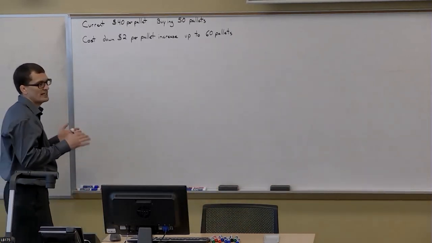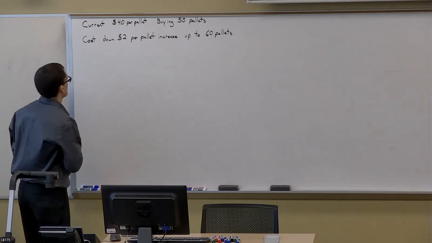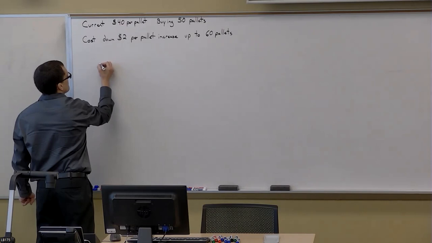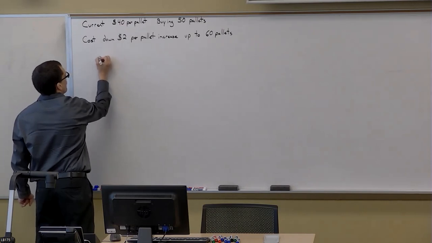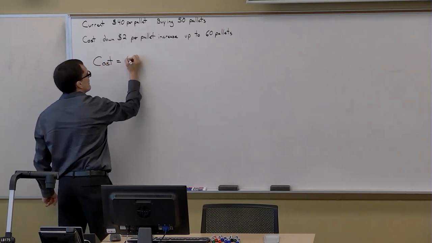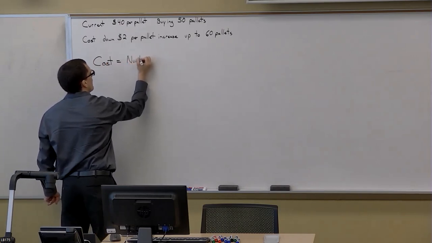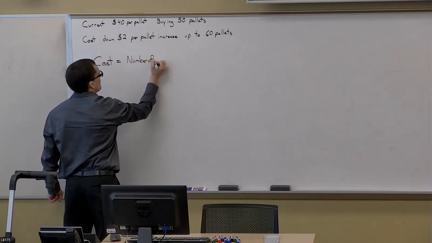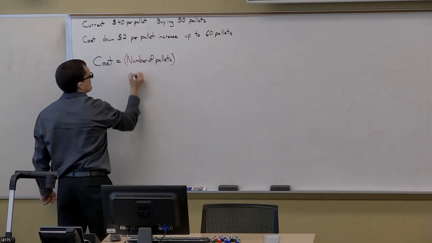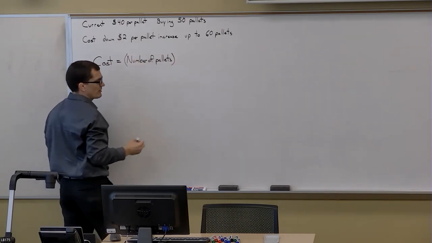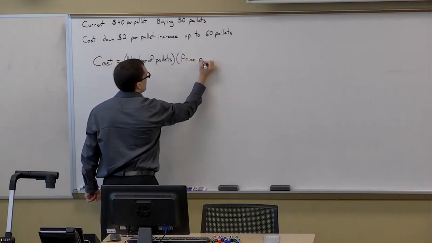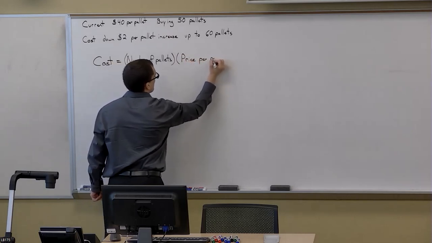So the cost is changing by $2 per pallet. It's right now at 40. By the way, the total cost, hopefully, is going to be the number of pallets that we order times the price per pallet.